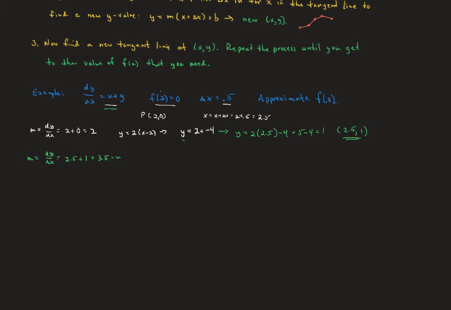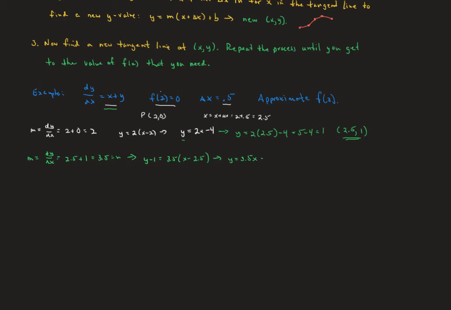We now take our new point and get our new tangent line: y minus 1 equals the new slope 3.5 times x minus the new x-coordinate of 2.5. So from here, y equals 3.5x, and then 3.5 times 2.5, which I'll grab my calculator for, is 8.75.